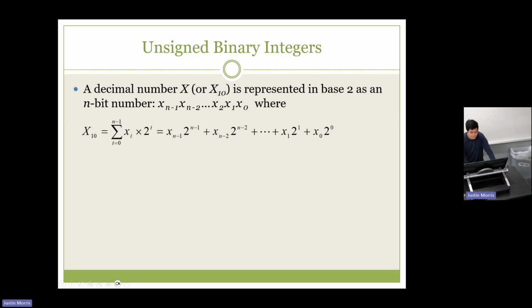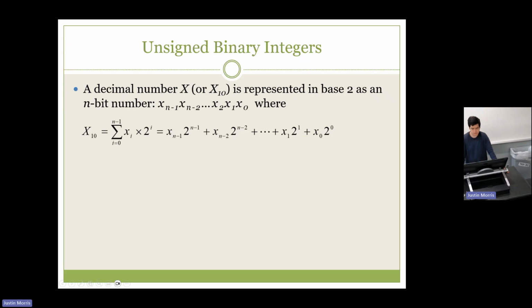So from that, we can come up with this equation to convert any binary number into its decimal form. Or you can also see this as I have this decimal number. If I wanted the binary representation, this one would be the equation. So you can see here this array of x's is the binary number.